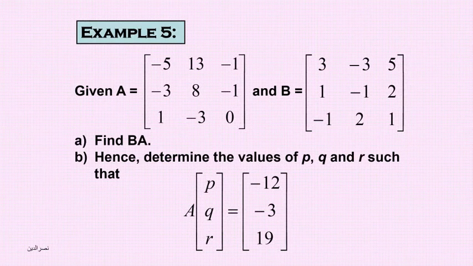Okay, example 5. Given A and B, find BA, hence determine the values of P, Q, and R. Let's see the solution.